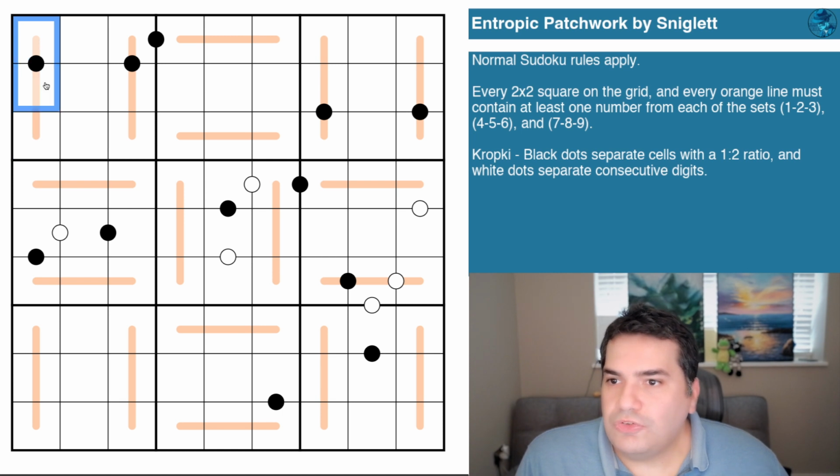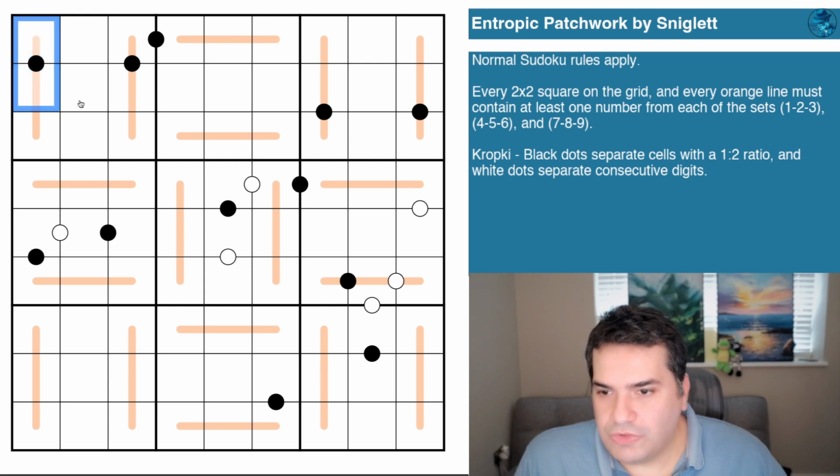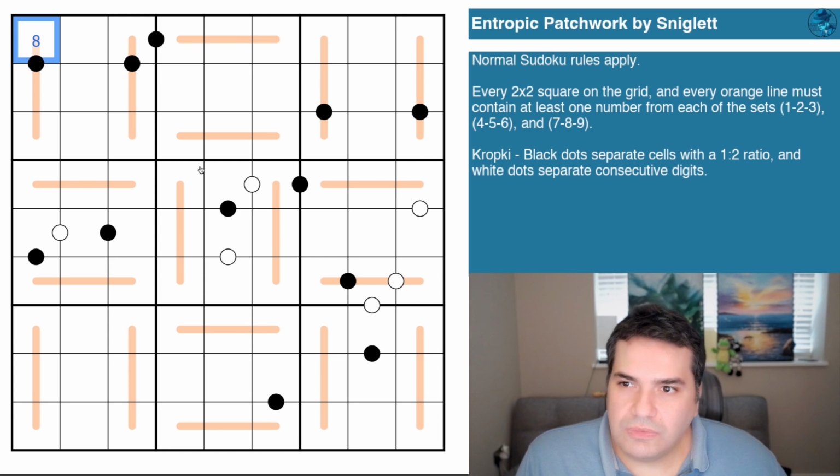I am fairly sure I cannot have a 1 on a black Kropki dot on an orange line. And the reason for that is if I put a 1 in here, this would have to be 2, and you can see they are both from the blue set of 1, 2, and 3. Equally, if I try and put an 8 on here, am I going to have the same challenge?